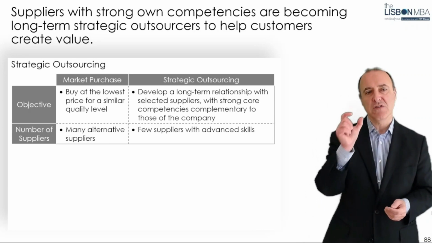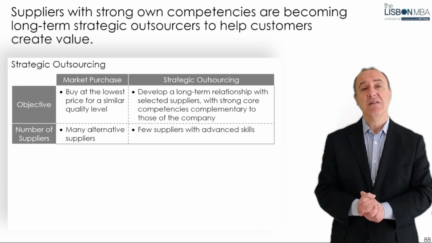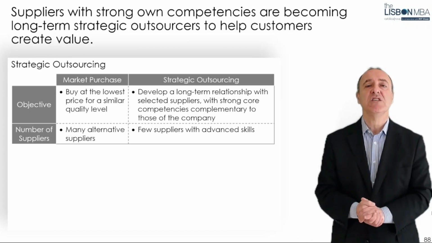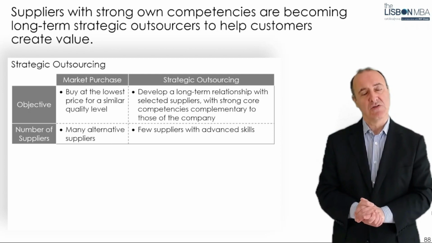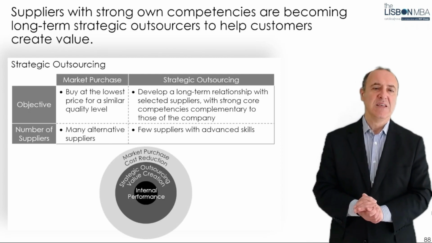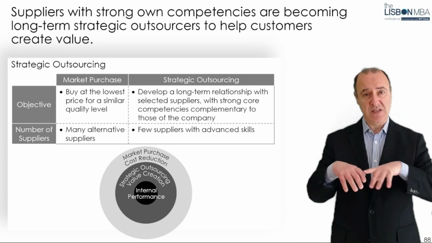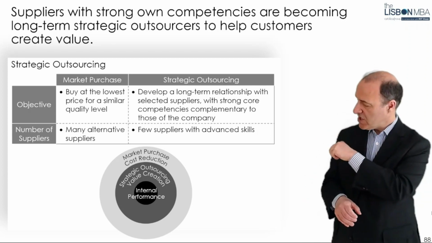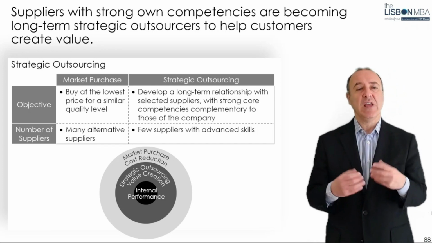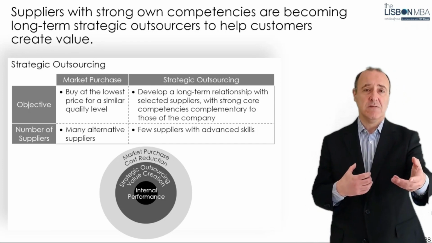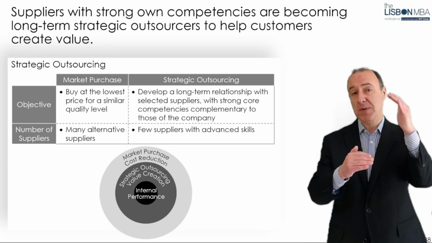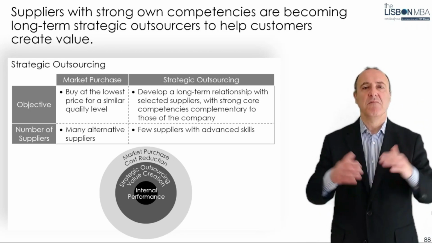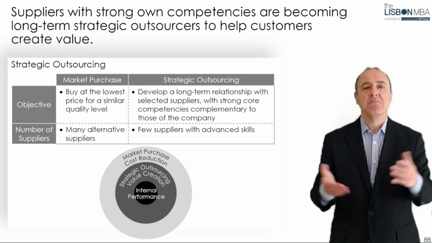You have to find those which have advanced skills to try to bring in and develop a strategic alliance with those strategic outsourcers. So it is as if we are doing some things internally. Around us, we have the strategic outsourcers, which create value for us and for our customers, which help us improve our competitiveness.